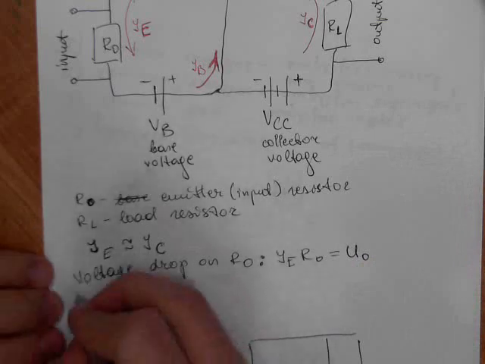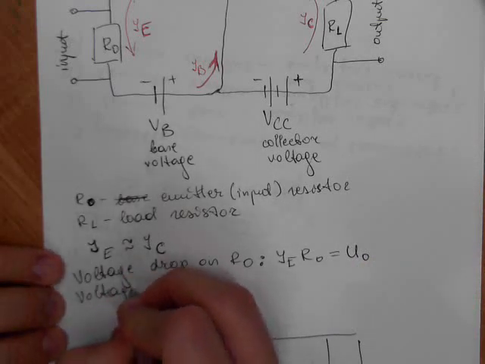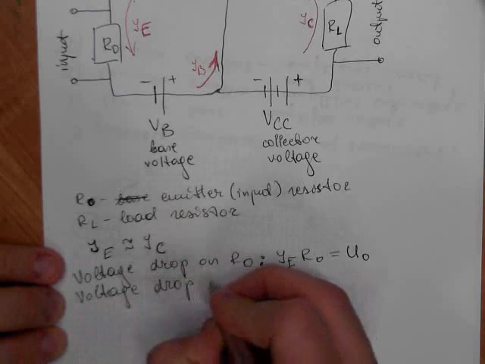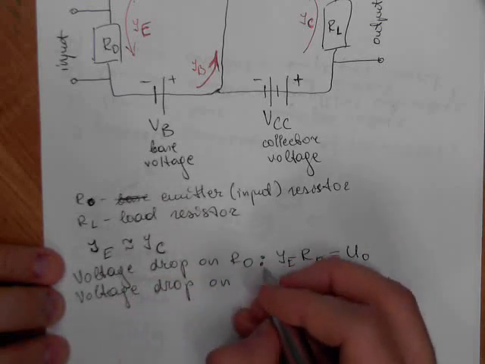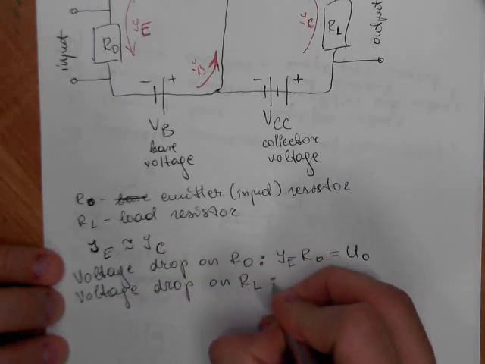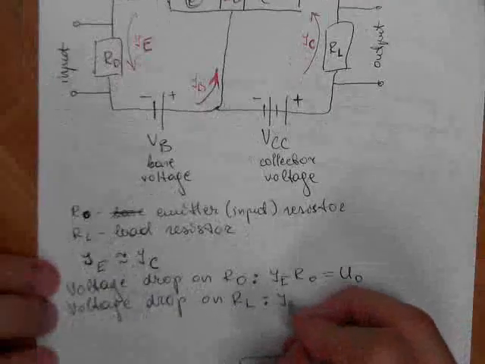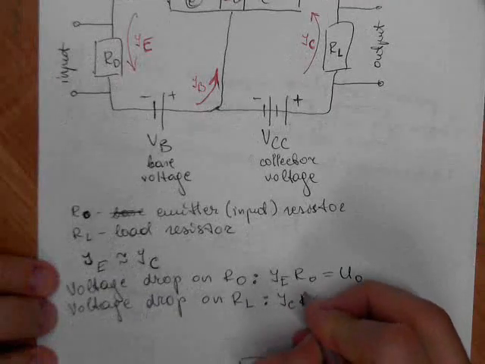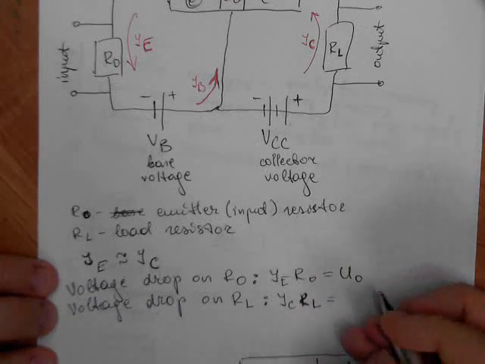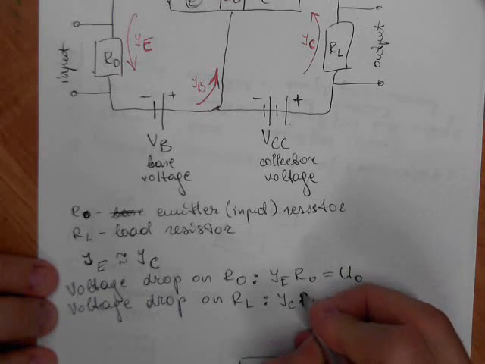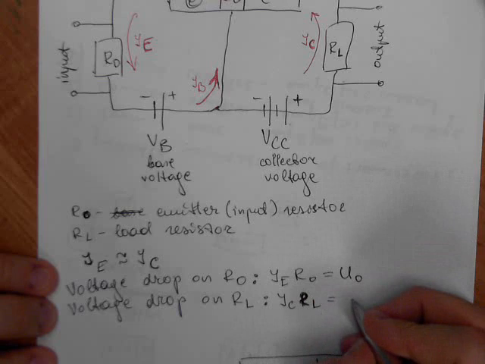Now the voltage drop on the load RL is the IC times RL, and it is UL.